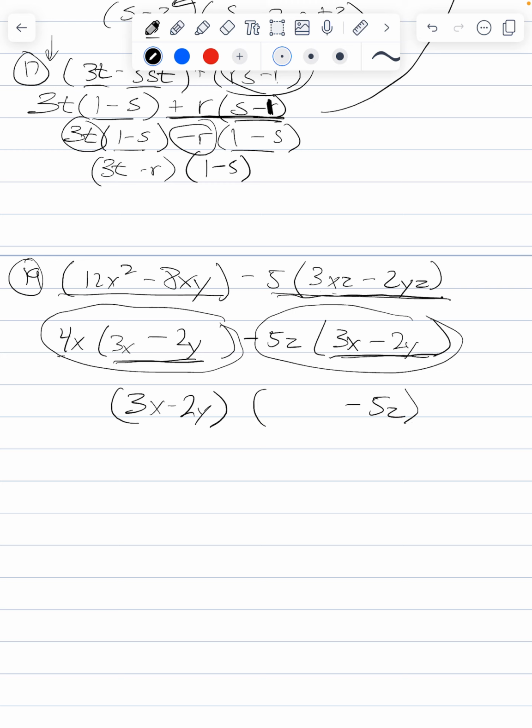I divided 4x times 3x minus 2y by 3x minus 2y. That's why this is here. And then I'm left with 4x. There's your answer. 4x minus 5z times 3x minus 2y.